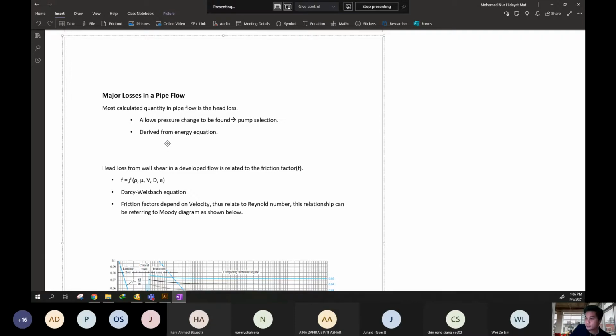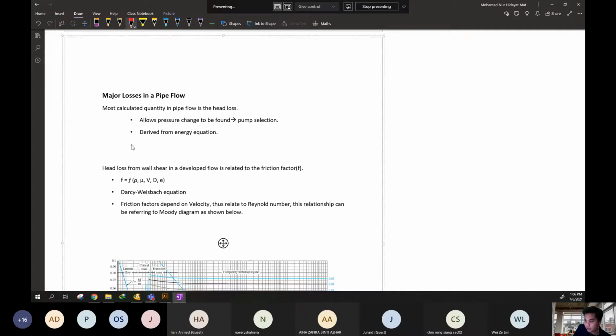Okay, this one here. Derived from the energy equation. I believe you know the energy equation from before.